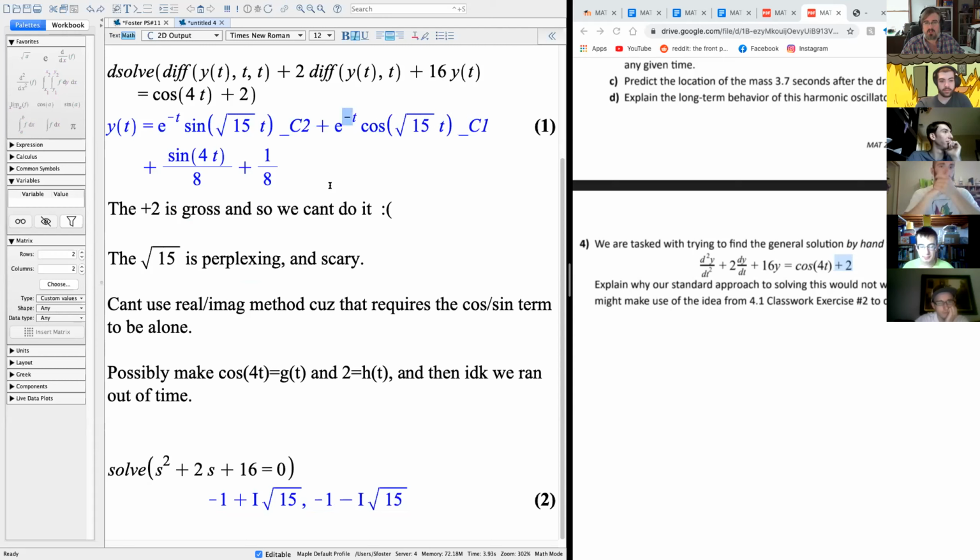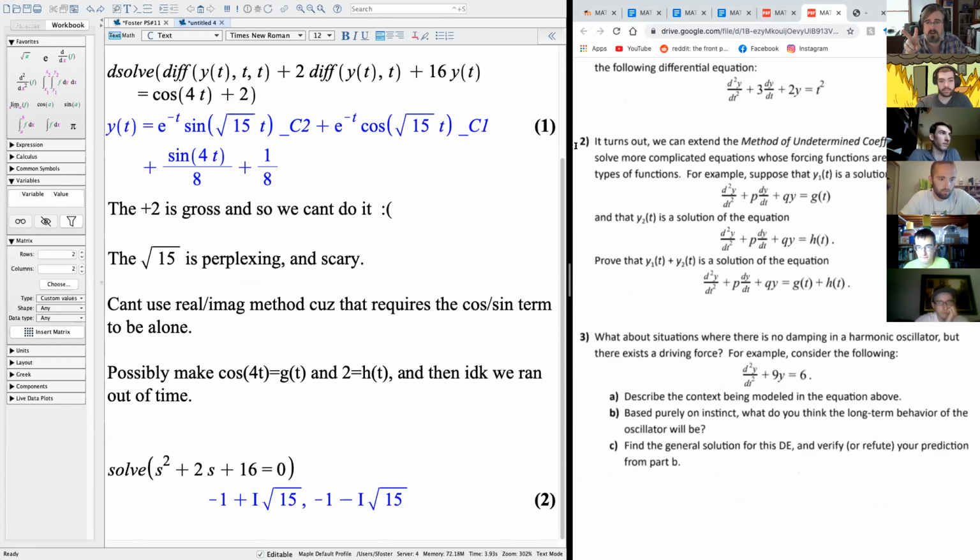Yep. And so the line just above where the cursor is right now, that's the key to this problem. On the other window, scroll up to section 4.1 and take a look at 4.1 number 2, just a quick reminder.